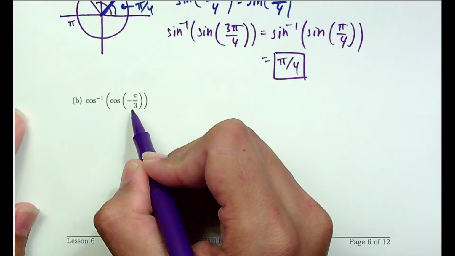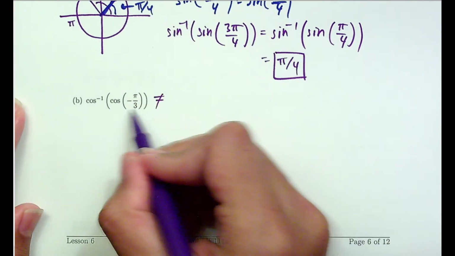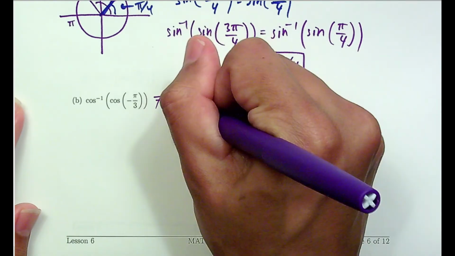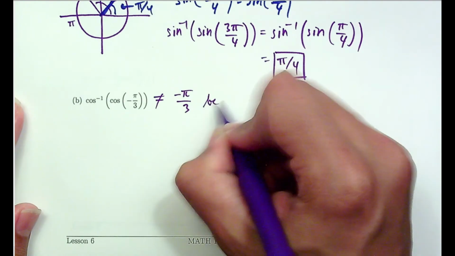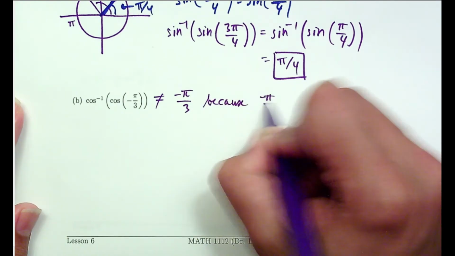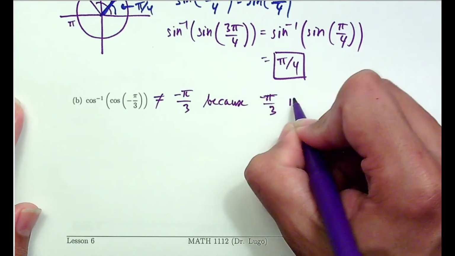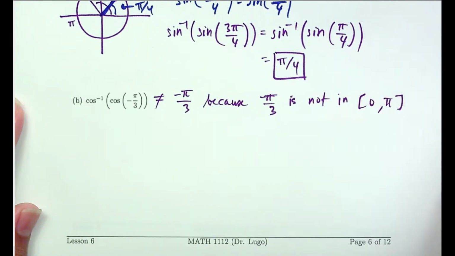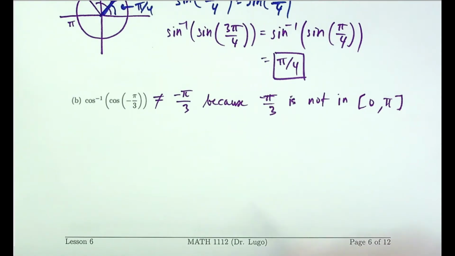However, the problem is that negative pi over 3 is not where it's supposed to be. So these are not going to cancel each other off, because negative pi over 3 is not between 0 and pi. That's the problem.